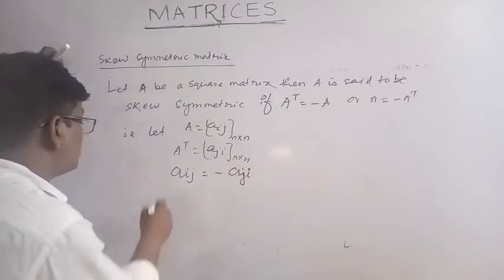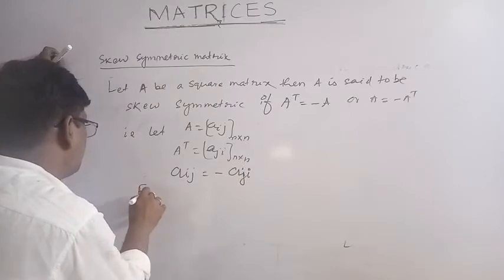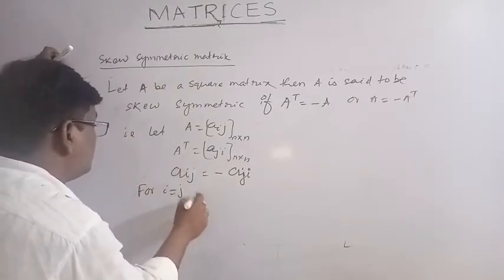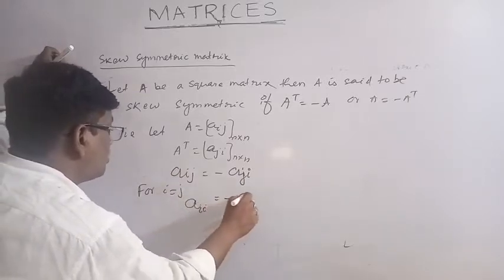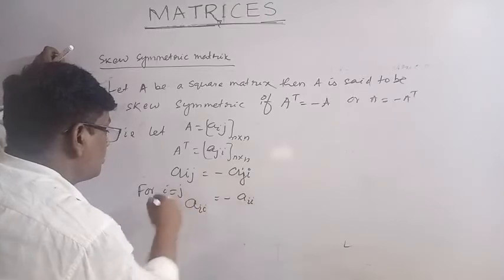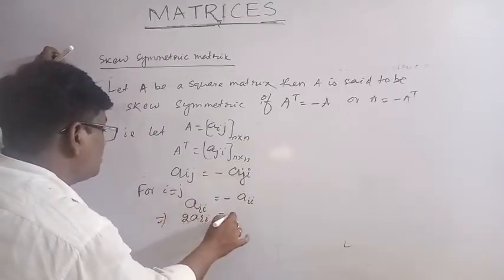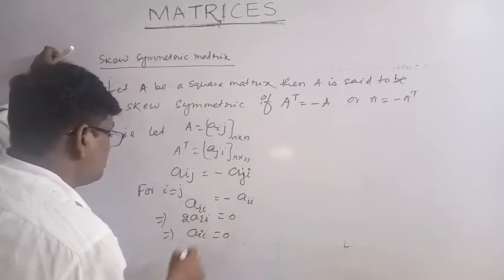Suppose i is equal to j. For i equal to j, we can write Aii equal to minus of Aii. So 2 times Aii is equal to 0. That implies Aii is equal to 0.